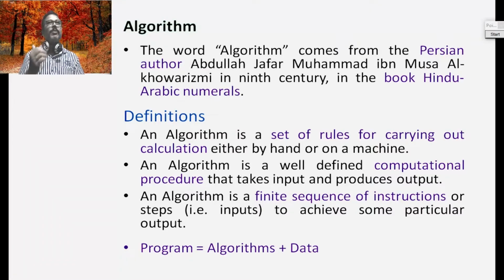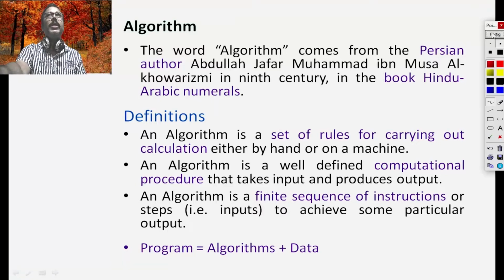So these are some of the definitions. A set of rules for carrying out calculation, because initially the computer was used to do the calculations. You can say set of rules for carrying out the calculation, and a computational procedure which takes some input and gives the output. An algorithm is also considered as a finite sequence of instructions.